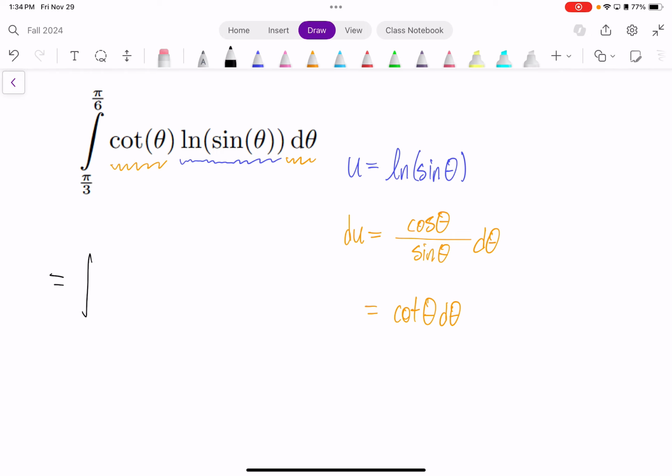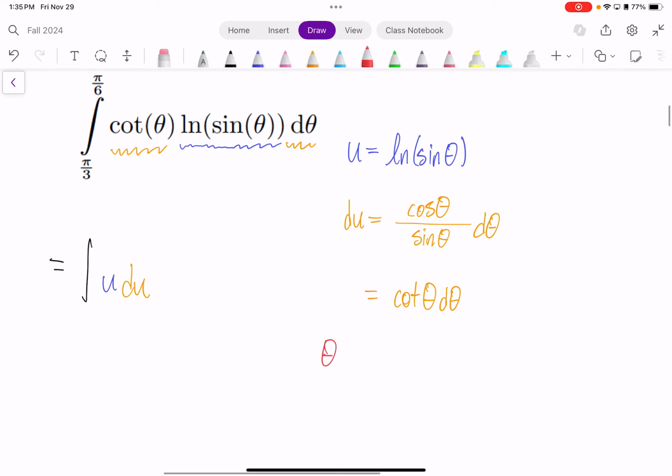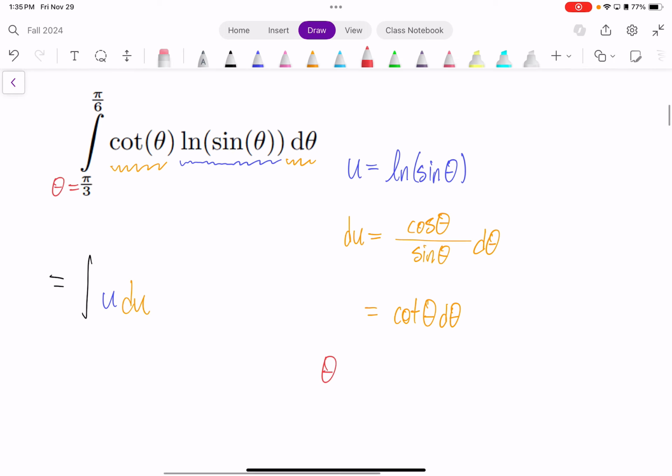We'll substitute everything back. So in our next line, we'll have the integral of u du. And we have to remember to change these bounds. So in particular, we're integrating from theta equals pi over 3 up to theta equals pi over 6. When theta equals pi over 3, we have that u is going to be equal to the ln of the sine of pi over 3.